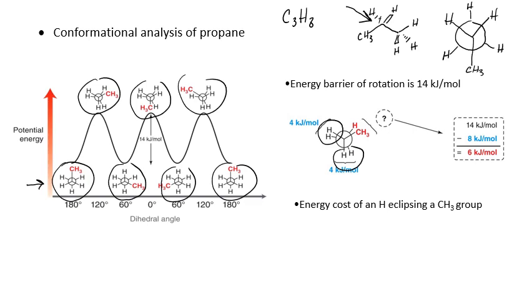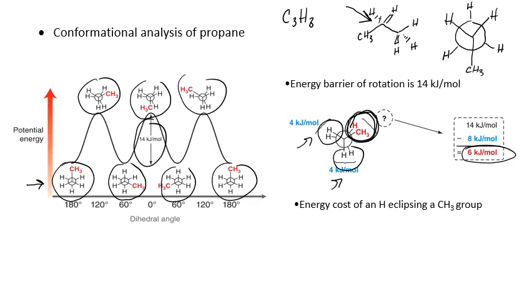So in our eclipsing interaction, we have a different group, that hydrogen-methyl interaction. Now I'm going to give you a table, or I'll always give you these values. You'll never have to memorize these. But I'm just showing you that if you look at the total energy difference, that's 14 kilojoules, and you subtract the two that we already know, then that hydrogen-methyl interaction must be worth 6 kilojoules per mole.